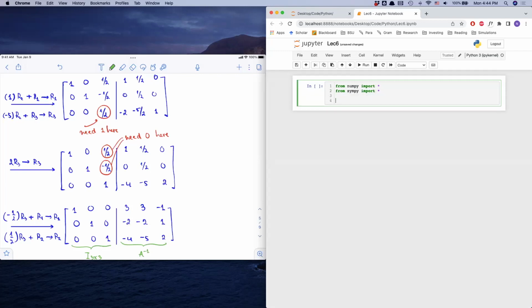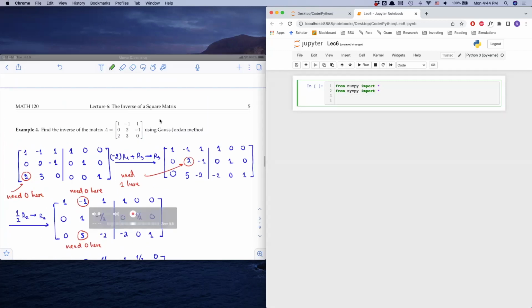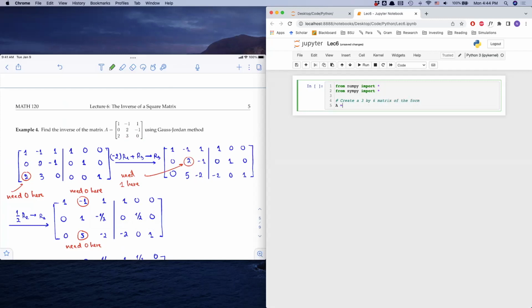Right. Now I'm going to create an augmented matrix of this form. Remember, in Python, you cannot use the vertical line to separate two matrices. So we're just going to create a matrix of size 3 by 6. Let me call this augmented matrix C is equal to array.